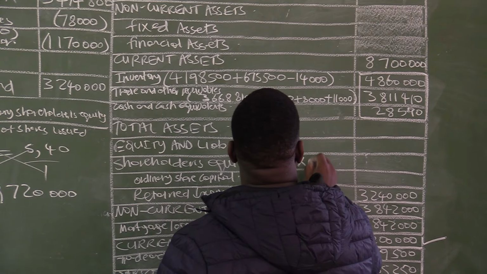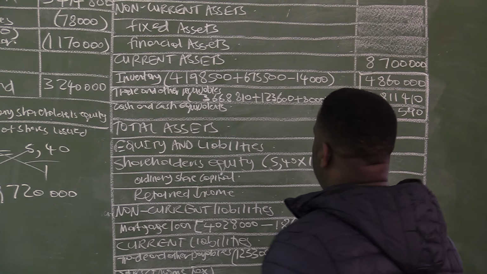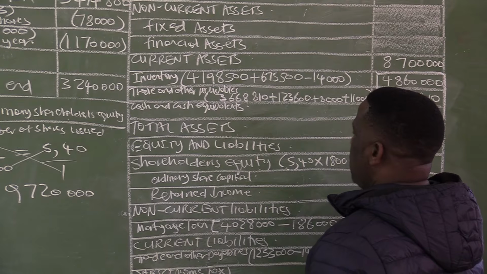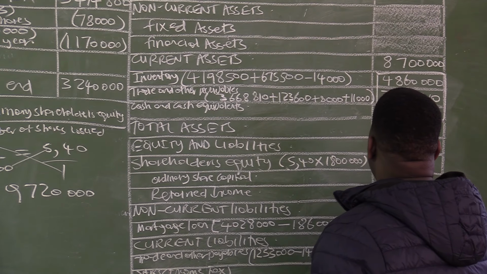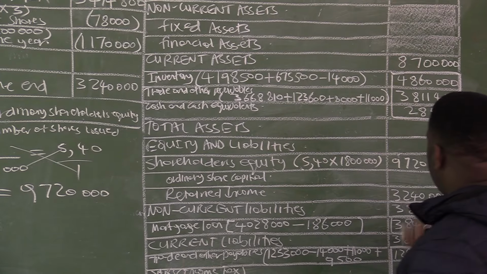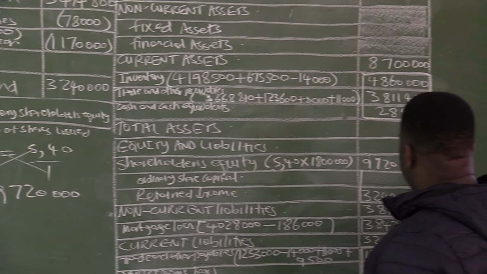So our shareholders' equity is 9,720,000. And the shareholders' equity is made up of ordinary share capital and retained income.